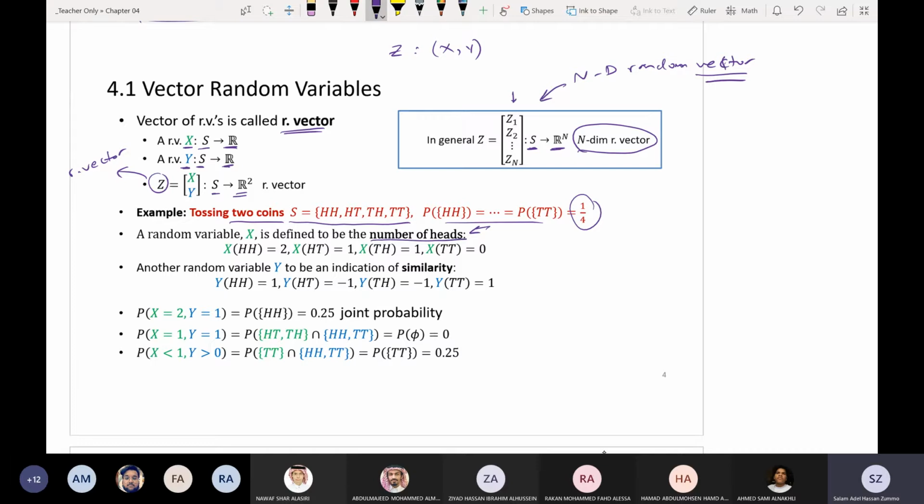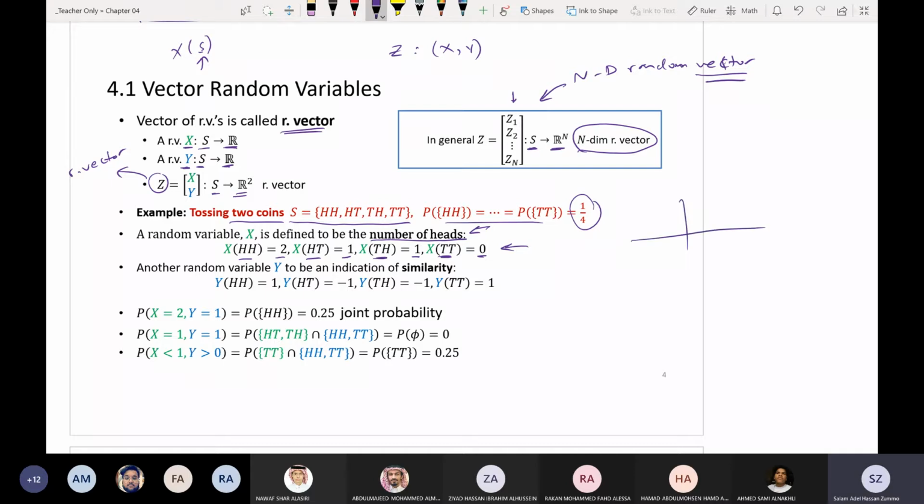When you have head head you have 2, and when you have head tail you have X equal 1. Remember, X was X of s, a function of the sample space, of the outcome. So X of tail head equals 1 and X of tail tail equals 0 because the number of heads is 0. Remember this example.